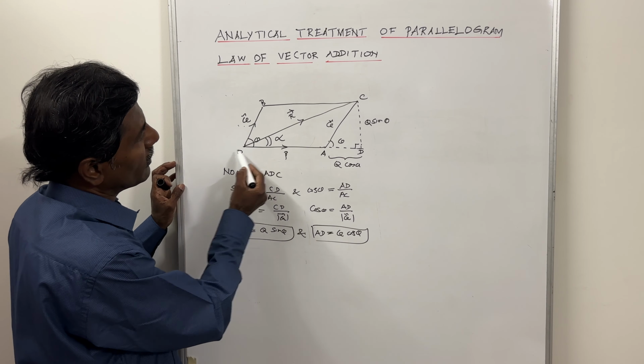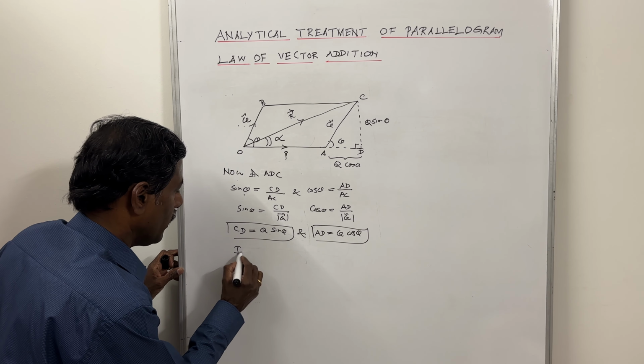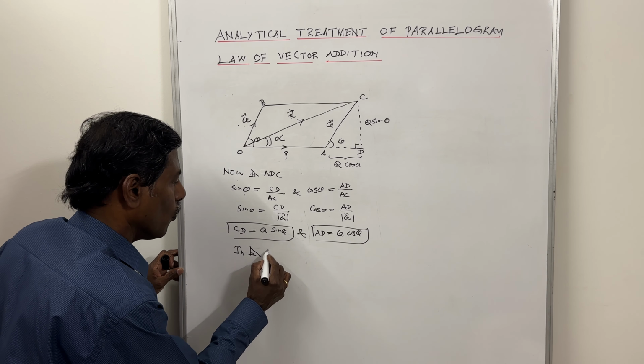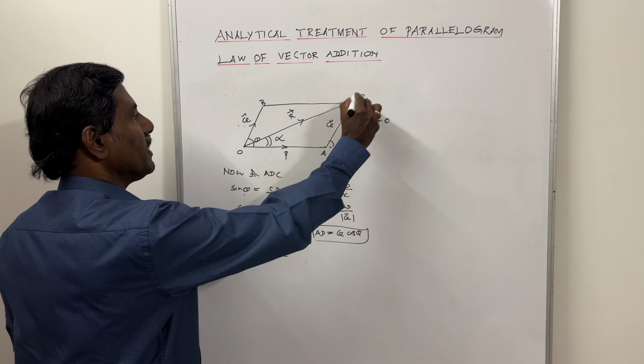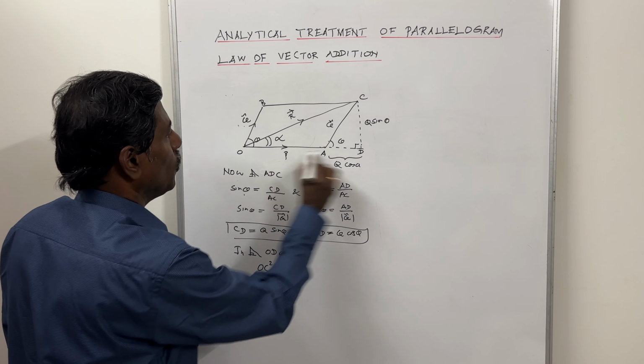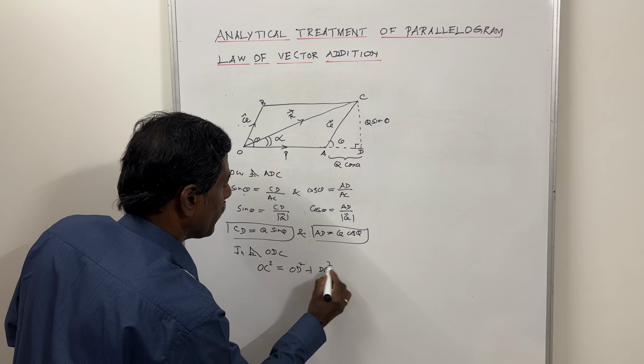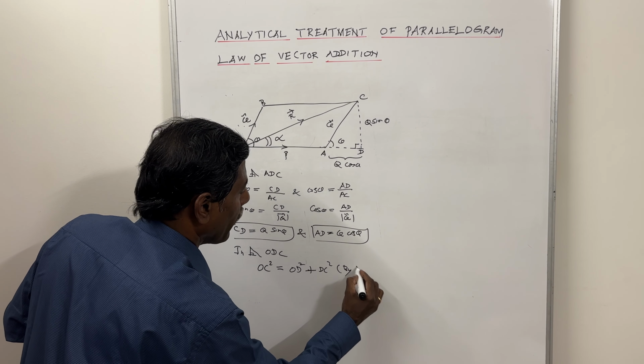Now we are going to consider the bigger right angle triangle ODC. In right angle triangle ODC, the resultant OC square is equal to OD square plus DC square, by Pythagoras theorem.